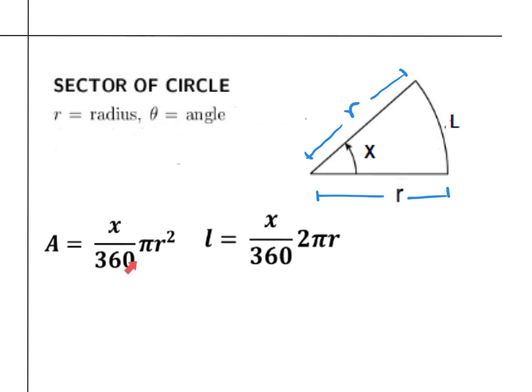So X over 360 times πR square gives you the area of the sector, and X over 360 times 2πR gives you the length of the arc. Okay?